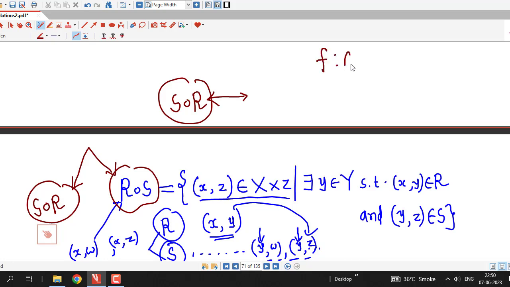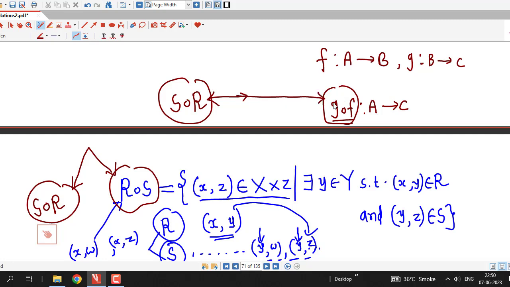We know that if f is a function from A to B and g is a function from B to C, then G composite F is a function from A to C, that is the composition of F and G. So this notation is analogous to this notation of composition of functions.